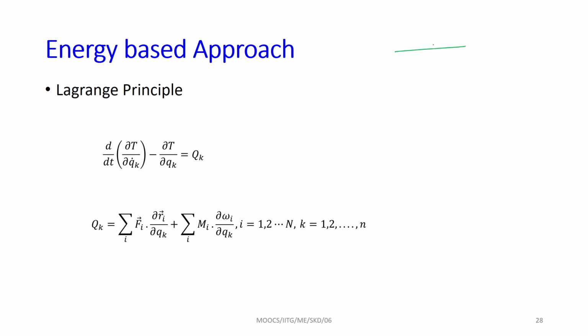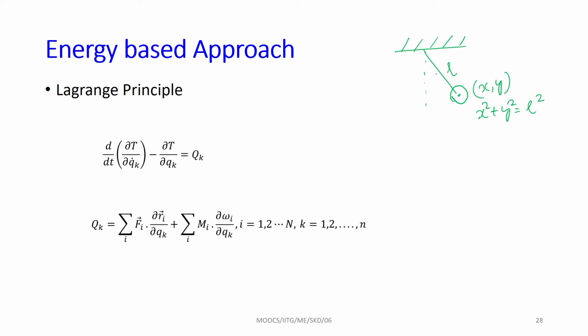For example, the example of a simple pendulum was given. Here the position of the bob can be written by its coordinates x and y. These are physical coordinates, but they are interrelated by the constraint equation x square plus y square equals L square.